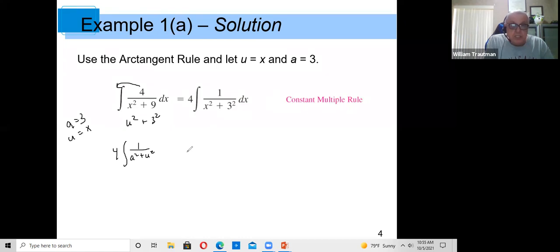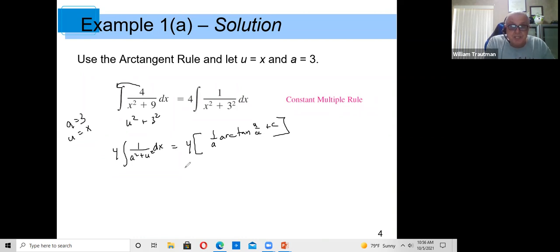And this is the formula 1 over a squared plus u squared. And the formula converts to 1 over a. The 4 is out in front. 1 over a arctangent u over a plus c.